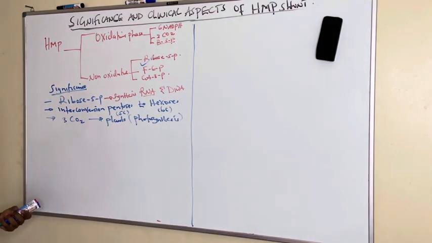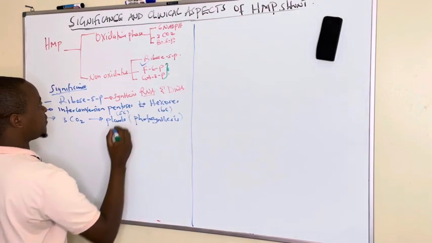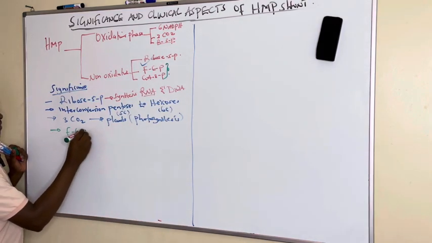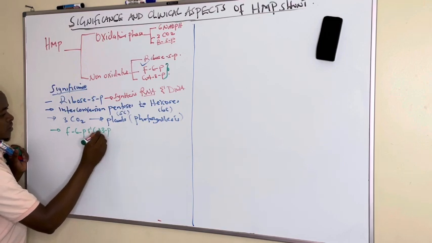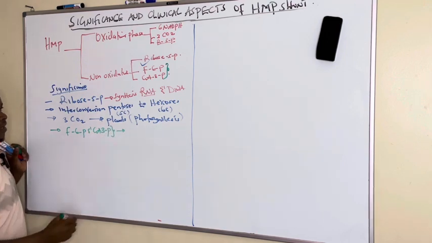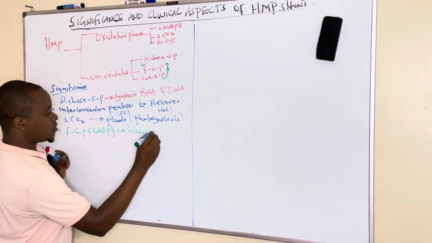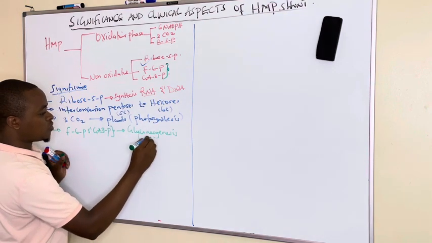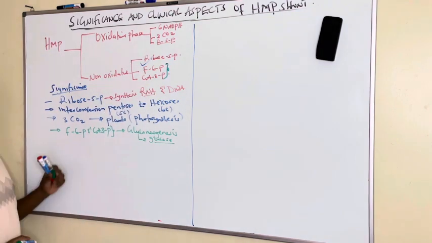And another significance of this pathway, we are seeing production of fructose 6-phosphate and glyceraldehyde 3-phosphate, and these are used by the body and undergo gluconeogenesis to produce glucose, and this glucose can be recycled in the HMP pathway.